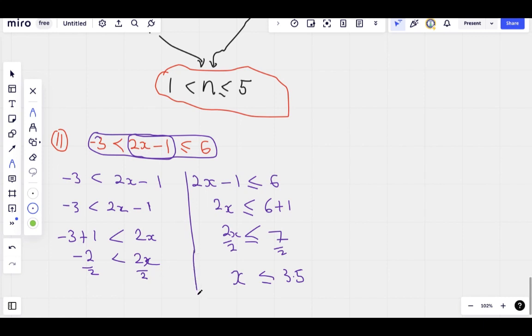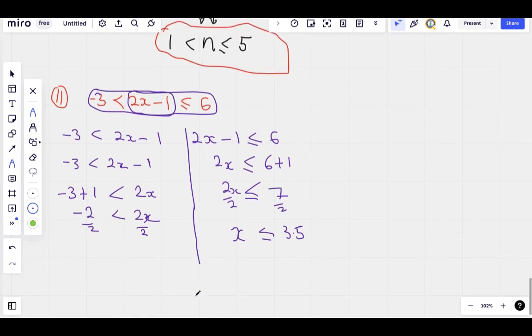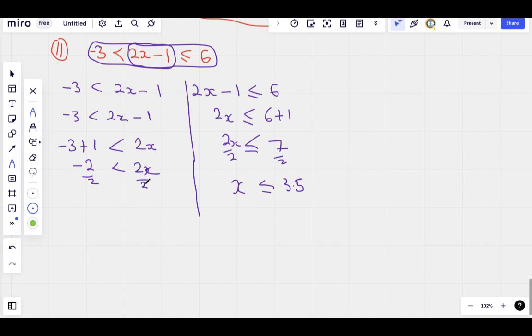So what we have left is x, and it's greater than negative 1. Remember, the sign does not change because you are not dividing by minus 1. The sign will only change when you divide by negative 1. So we have x here and x here.